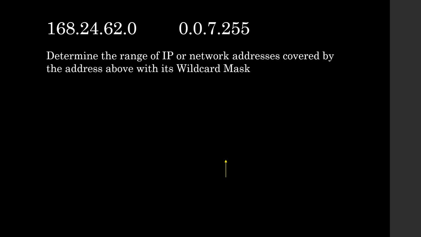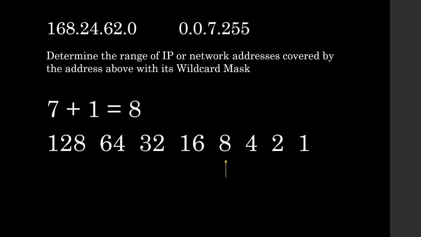For our second example, we have a network of 168.24.64.0 and a wildcard mask of 0.0.7.255. Our wildcard mask is 7, so we add 1 and have 8. Using the sequence of numbers, we get the number 8. Since 8 is the fifth number of the sequence, and there are 2 zeros in our wildcard mask, we add 2 eights and a 5, which gives us a new subnet mask of /21.